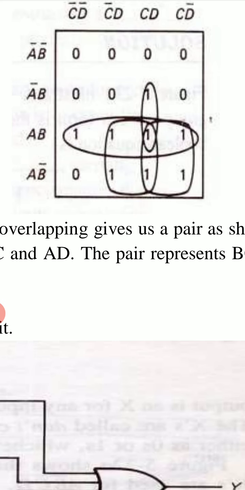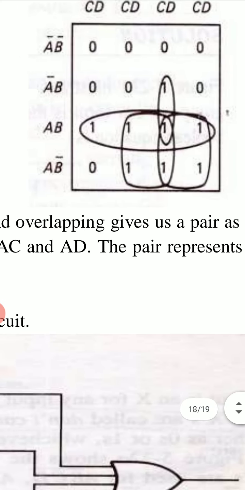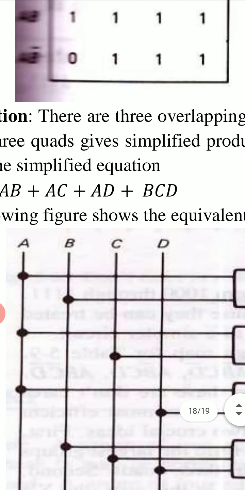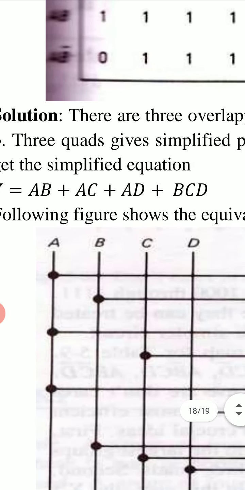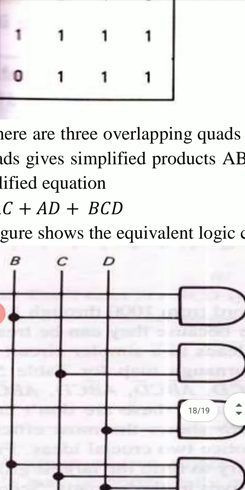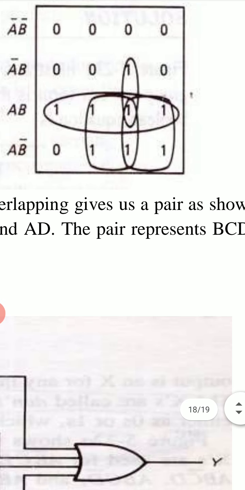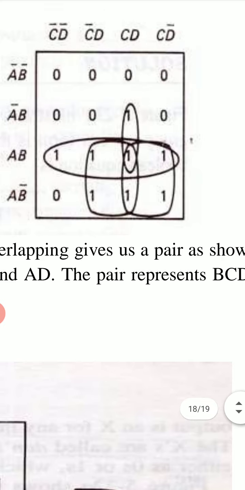and for these three quads and one pair we can write output y as equal to AB plus AC plus AD plus BCD. For this quad in which 1 1 1 1 are in a row, we write y equal to AB.